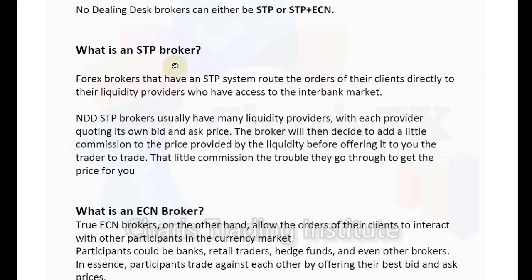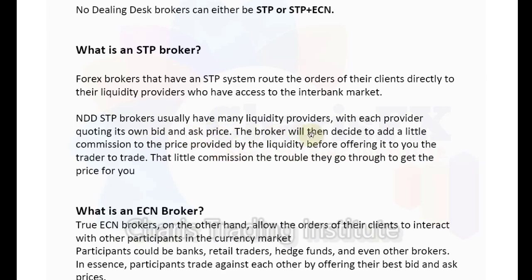An STP broker connects you directly to the liquidity providers who have access to the interbank market. Now, STP brokers usually have many liquidity providers, with each provider quoting its own bid and ask price. When you hear bid price, it's the price you are willing to buy, and ask price is the price you are willing to sell.